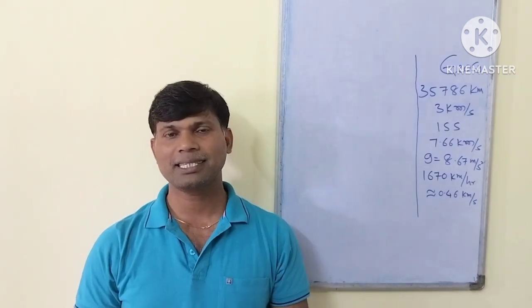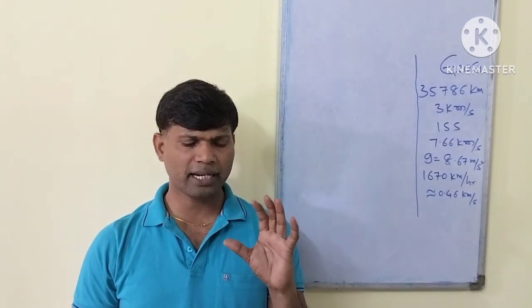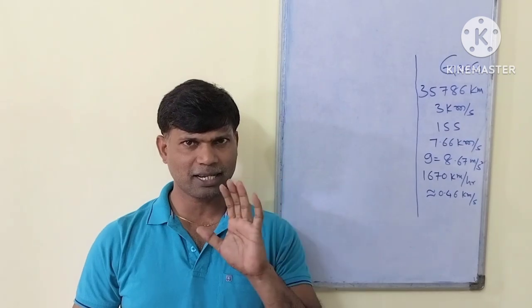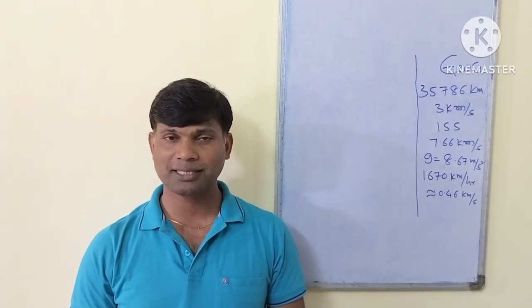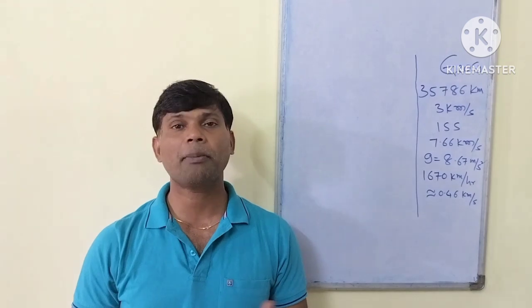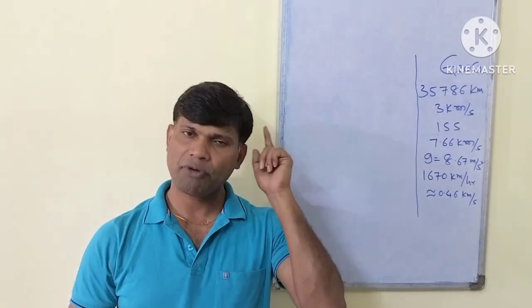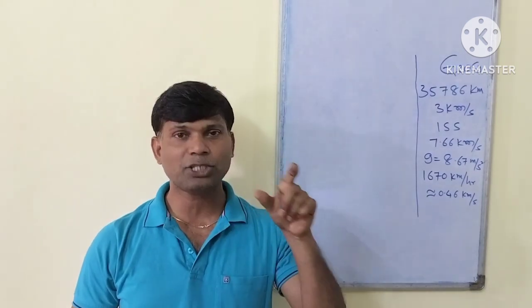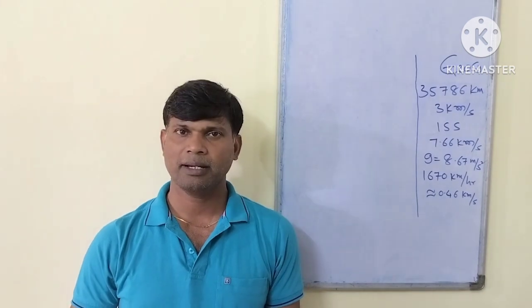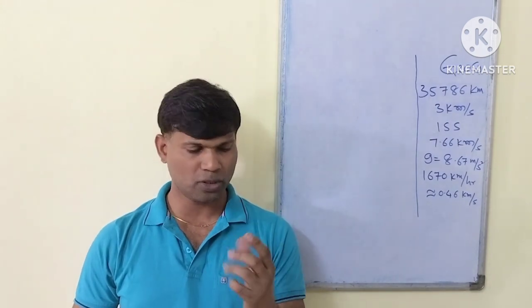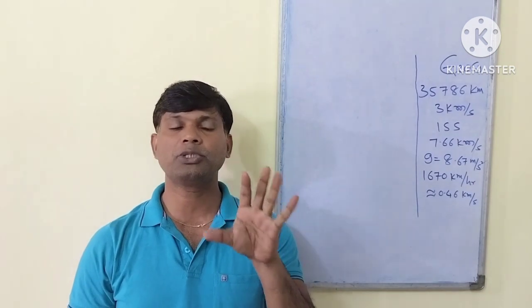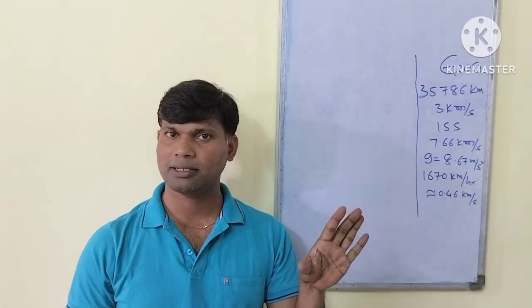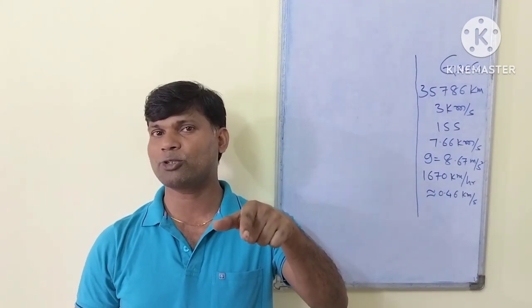Otherwise, I will maintain the magnitude of the velocity constant. Still I apply a force. What happens? If you apply a force on an object, it has to accelerate. Agreed. Accelerate means, as I already told, the magnitude is changing. But now I am telling, the magnitude remains constant. Still I am applying a force.